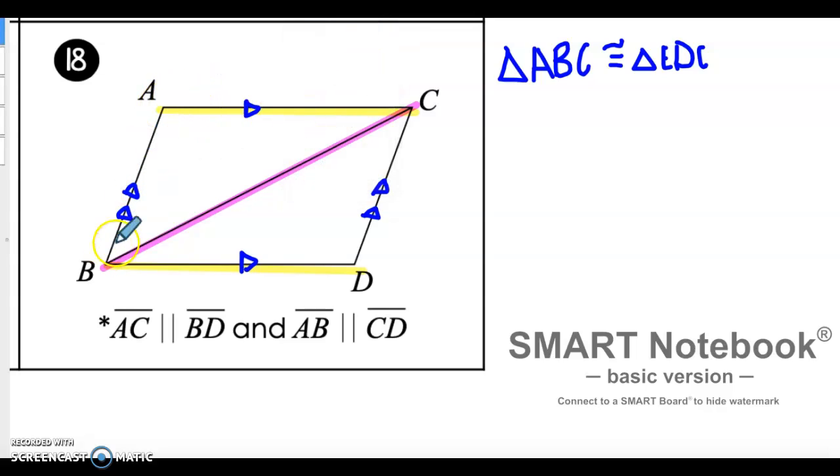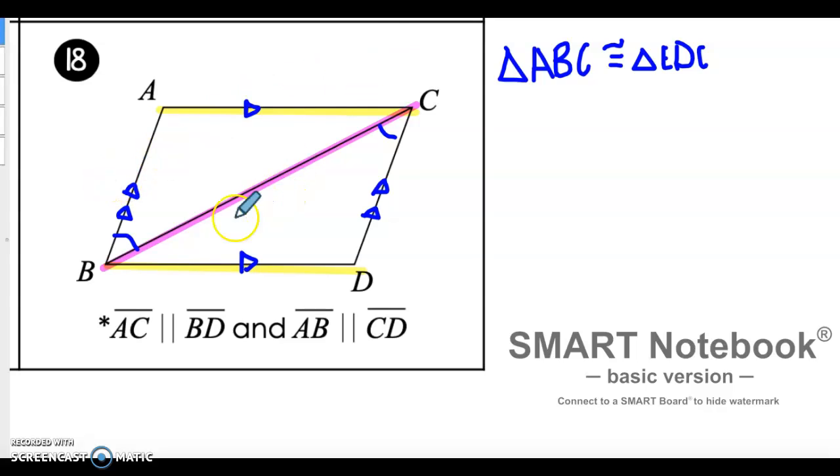Let's look at angle ABC and angle BCD, which is this one right here. They are alternate interior angles because they are on opposite sides of the transversal and they are inside the yellow lines. When you have parallel lines cut by a transversal, alternate interior angles are congruent.